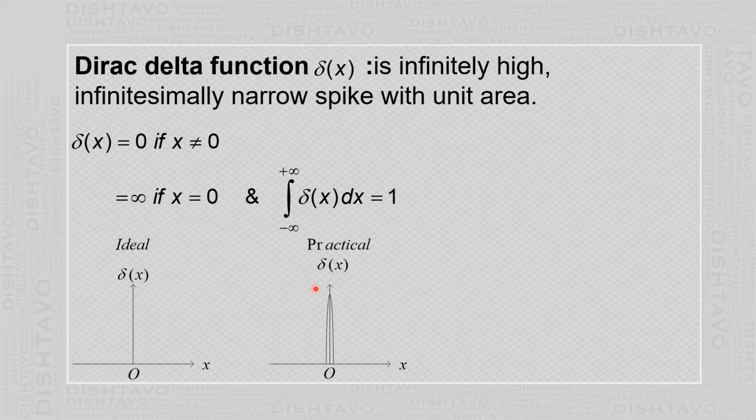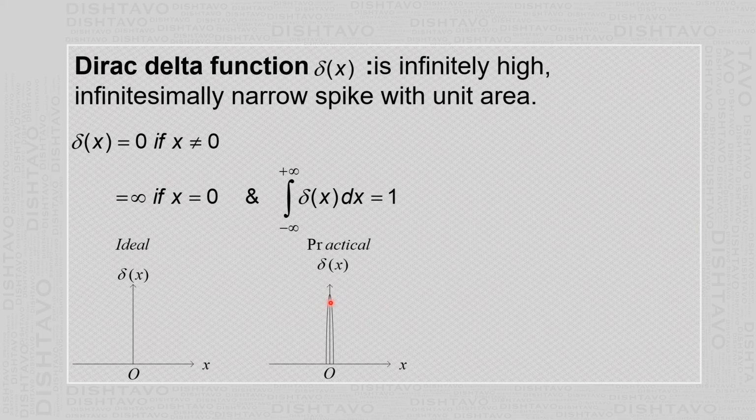In the practical case, that is the physical quantity which exists in practice, the graph is given here. Now here you will find that near the origin, in this very small region of change in x around the origin, the value of delta x is very large.